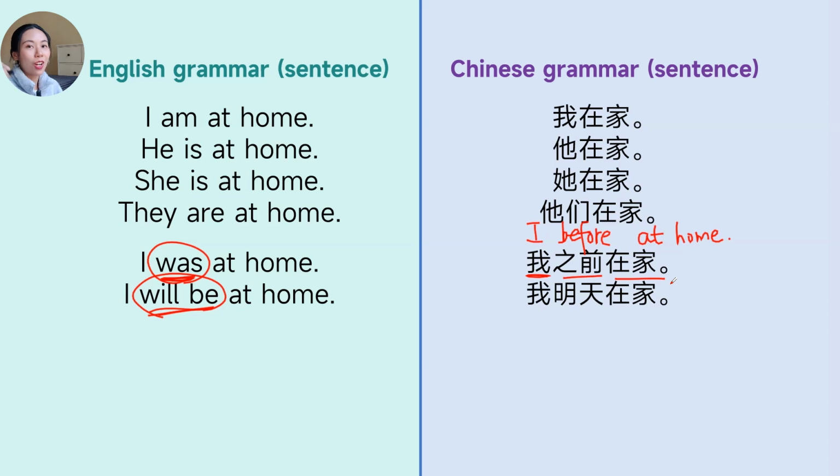So now I know that you're talking about the past or the future. And like this one, 我 I, 明天 tomorrow, 我明天在家, I tomorrow at home.